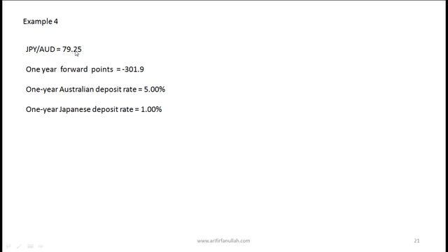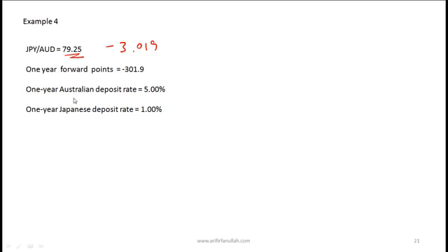So 2 decimal places over here, that's why we divide by 100. Recall that with euro dollar, we had 4 decimal places and therefore we divided by 10,000. So the all-in rate would essentially be this number and minus 3.019. So that's just a side point in case you are confused about forward points.